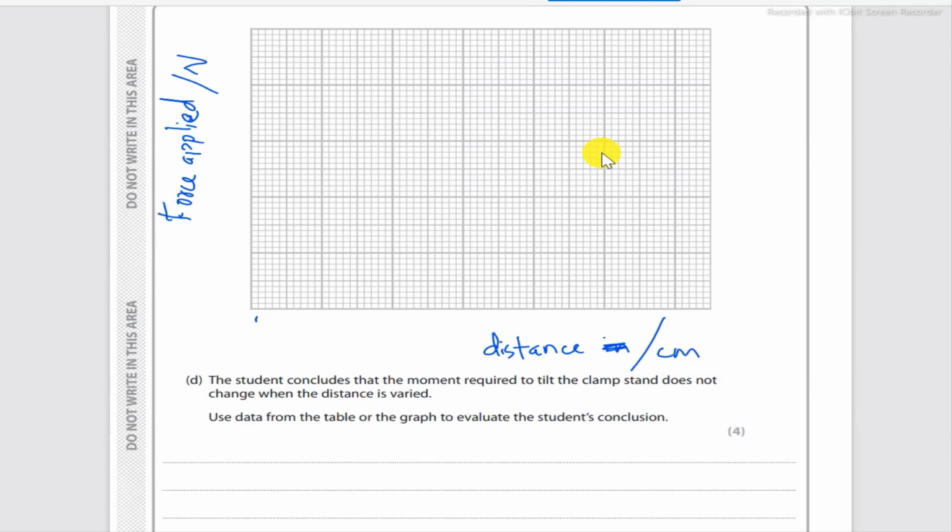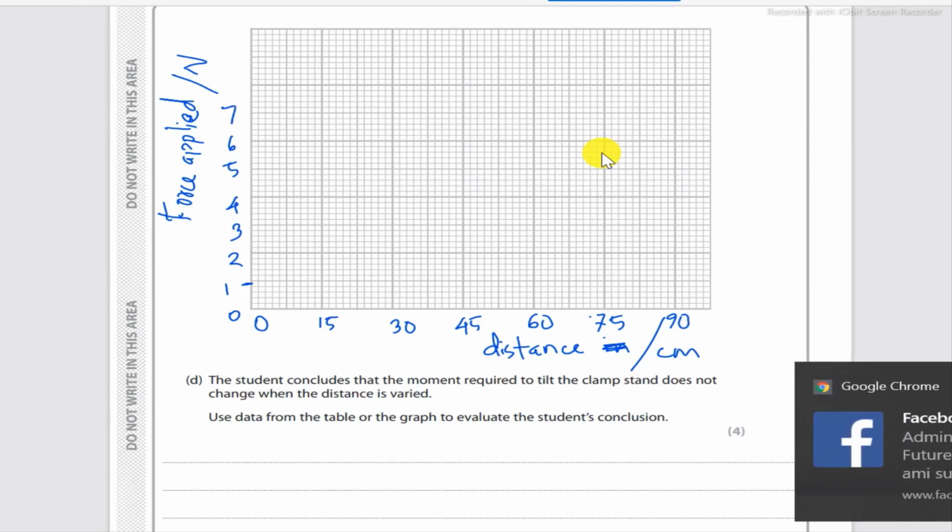Here the distance goes 0, 15, 30, 45, 60, 75 and 90 centimeter. On the other hand, the force goes 1 Newton, 2 Newton, 3, 4, 5, 6, 7, 8, 9, 10.